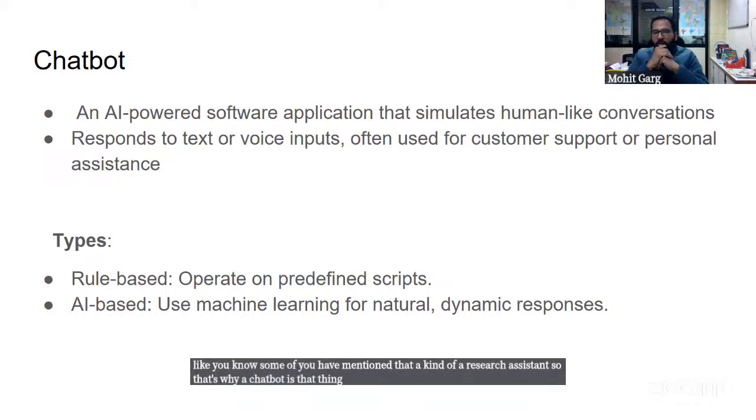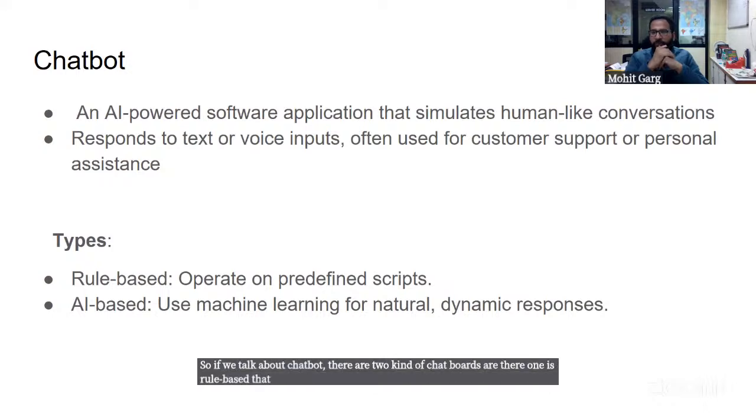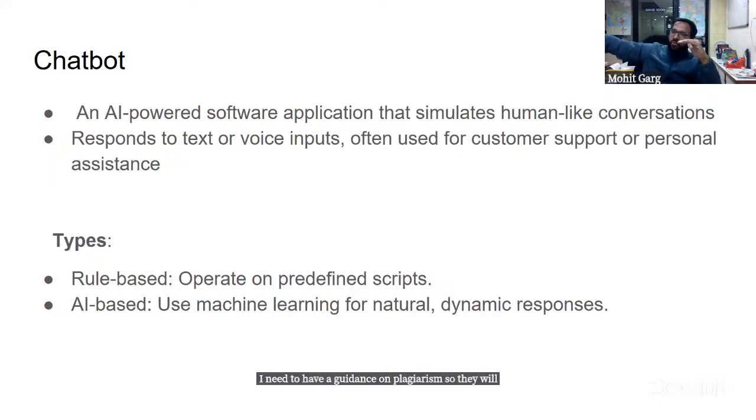There are two kinds of chatbots. One is rule-based, which operates on a predefined script. Rule-based means, if I ask for guidance on plagiarism, it will guide me to that part.